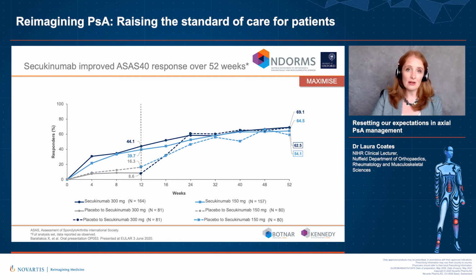And that met our primary endpoint and statistical significance for both doses. And then where those placebo patients switched over onto active therapy, they also showed a good response. You can see a rapid rise in the ASAS 40 after that time point. So we've got around 60% of patients achieving the ASAS 40 at the end of the 1-year study period.